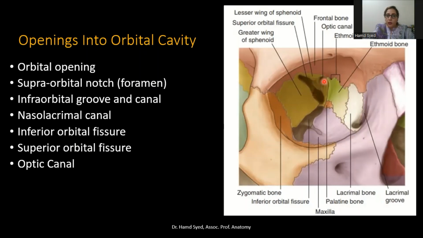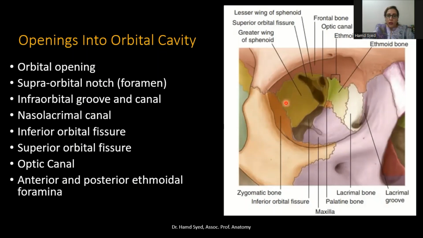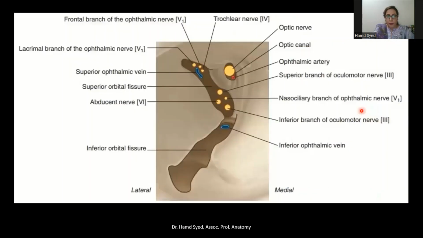The optic canal is located supromedial to this superior orbital fissure. This is an opening within the lesser wing of the sphenoid, and it transmits the optic nerve and also the ophthalmic artery. Also keep in mind that in the medial wall of the orbit are present the anterior and posterior ethmoidal foramina, which transmit the nerves and vessels of the same name.